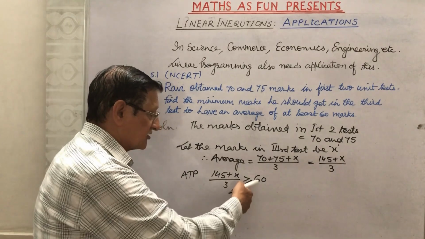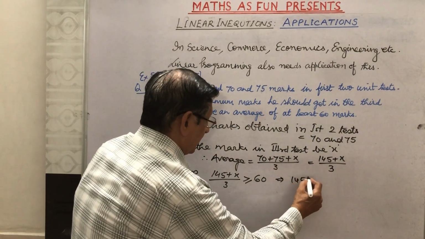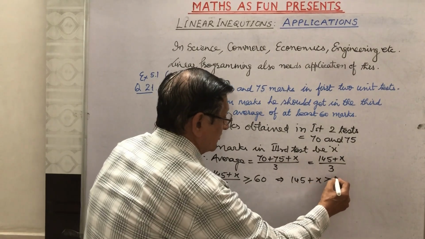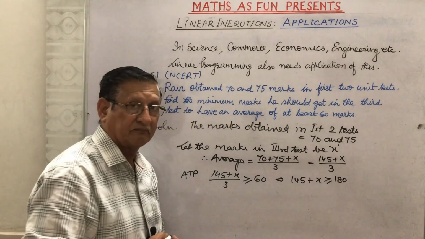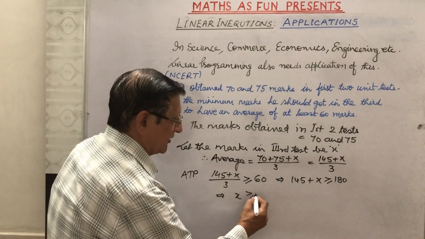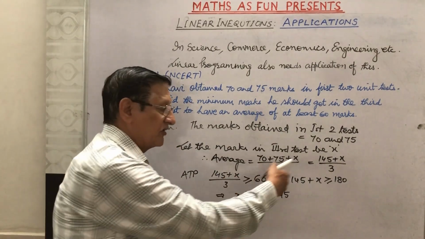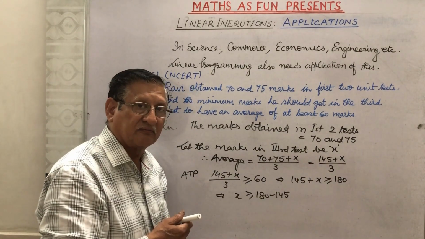If we multiply by 3, that is transposition, we get 145 + x ≥ 180. So what is x? It means x ≥ 180 − 145, subtracting 145 from both sides.